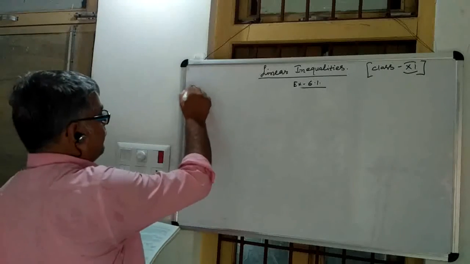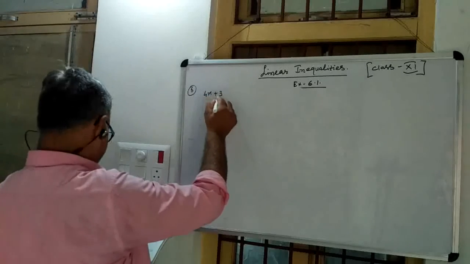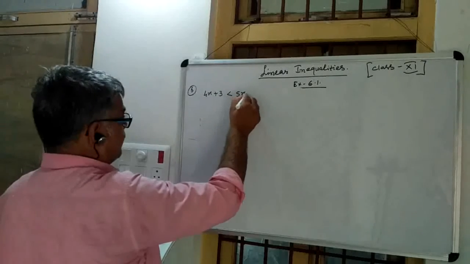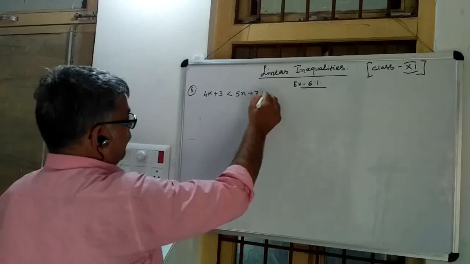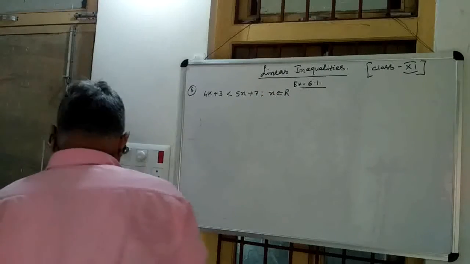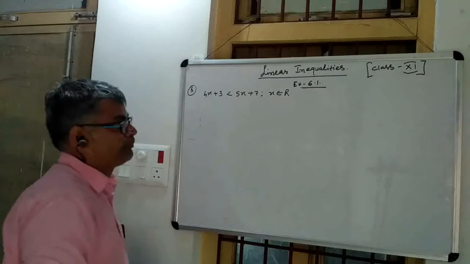See question number 5. Question 5 is 4x plus 3 is smaller than 5x plus 7, where x belongs to the real numbers. Now we have to solve this inequality for x.